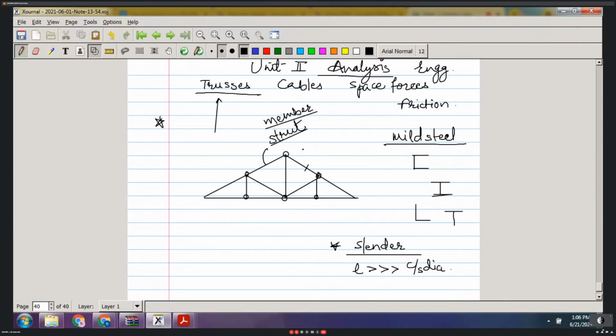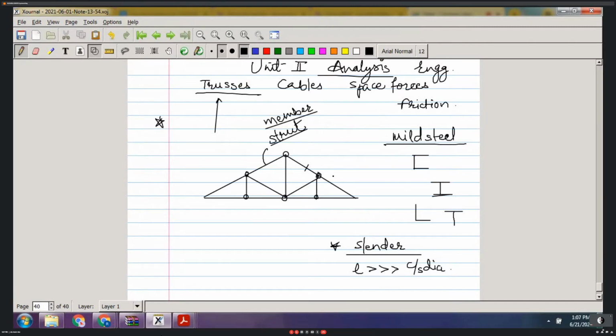Important parameters related to these trusses: normally they are provided for industrial sheds. They can be provided to cover some area. On these we provide roofing sheets. This is a metal structure which is supporting your roofing sheets.